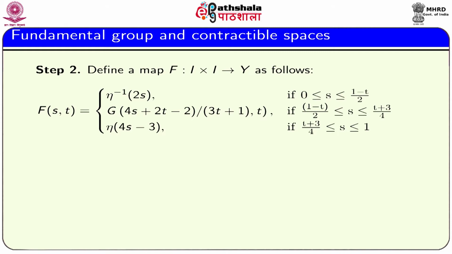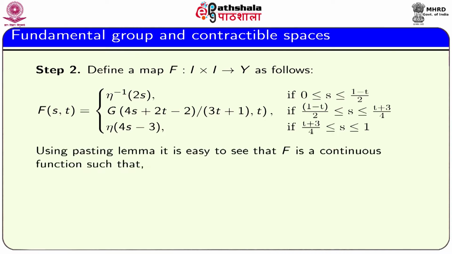F(s,t) is defined in terms of eta inverse, G and eta in the intervals 0 to (1−t)/2, (1−t)/2 to (t+3)/4, and (t+3)/4 to 1 respectively. Applying the pasting lemma, it is not hard to see that this function F is continuous.